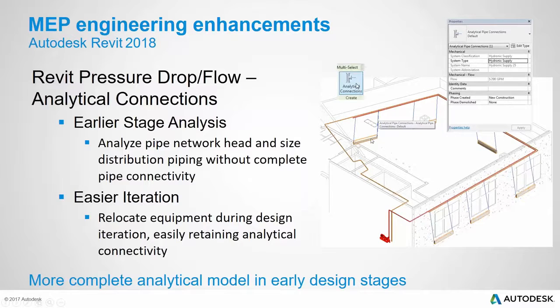In this case, you can see some hydronic radiators down here in a closed loop type system, and they're theoretically or logically connected to the pipe. So it'll get the information, it'll know what the load is, and it'll total up that load throughout the system and bring it back down to the object, but it doesn't have to be physically connected. If this thing moves or is assigned to a new hosted wall in the model, it still retains that analytical connection. So it's great during early design, early iteration. This is going to be really powerful.